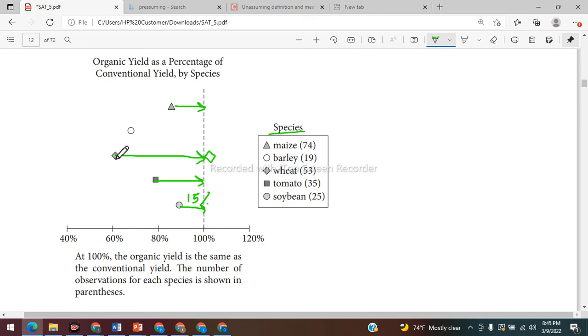Since this diamond is so far up, it tells us we get about 40% more wheat when planted conventionally than when planted organically without the fertilizers.